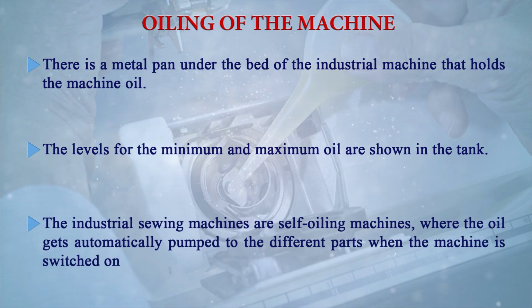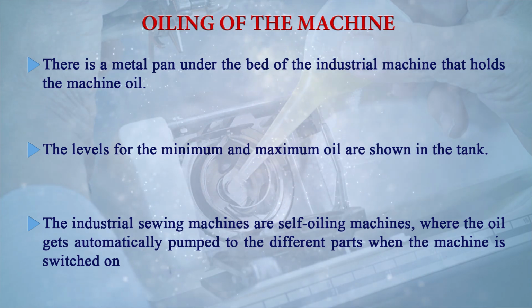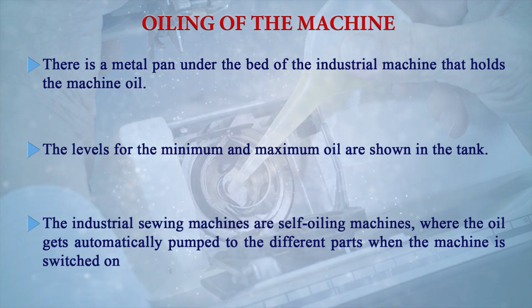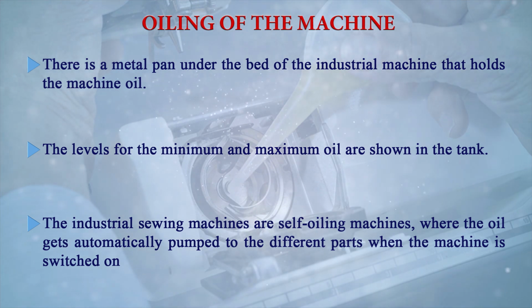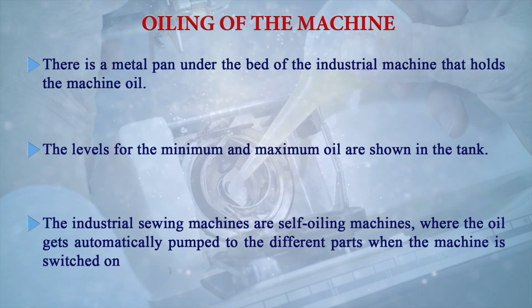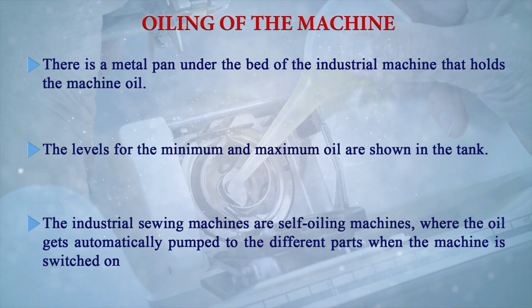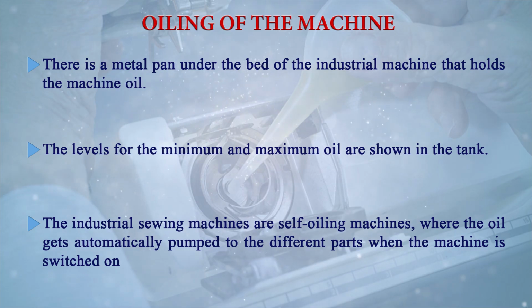Industrial sewing machines are self-oiling machines, but for the domestic machine that we use at home, we have to oil particular parts of the machine for the smooth sewing process. Then the oil gets automatically pumped to different parts, the machine is switched on, and we start the sewing process.